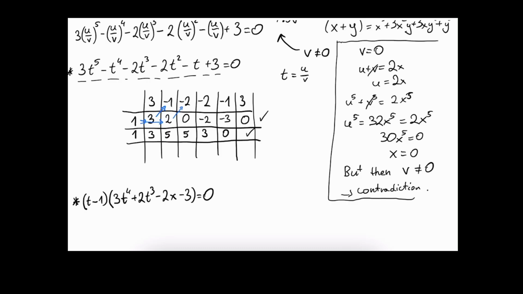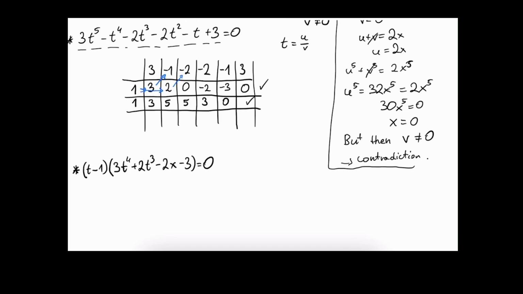This could be also rewritten as t minus 1 squared times 3t to the 3rd power plus 5t squared plus 5t plus 3 equals 0. Let's guess one more. 1 will not cut it. 1 will only get positive ingredients, so it will not be equal to 0.